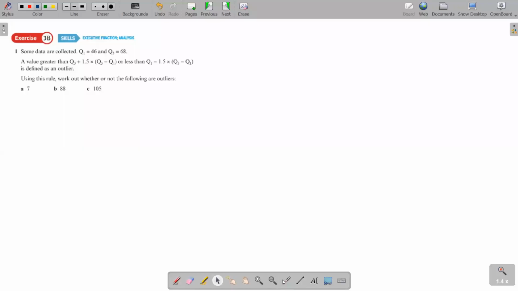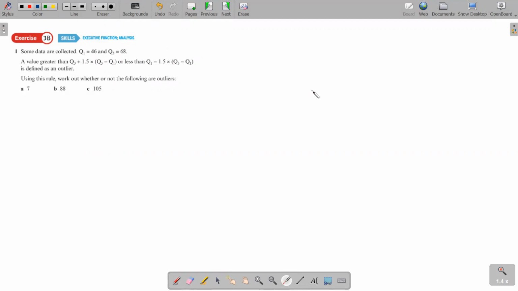We'll move to exercise 3B, question number 1. Some data are collected. The Q1 value, the lower quartile, is 46, and the upper quartile is 68. A value greater than Q3 plus 1.5 times (Q3 minus Q1), or less than Q1 minus 1.5 times (Q3 minus Q1), is defined as an outlier.